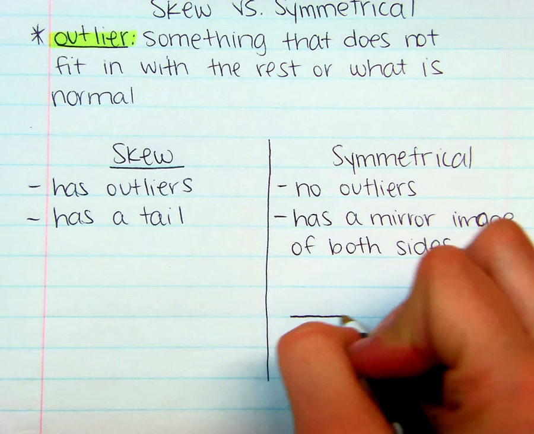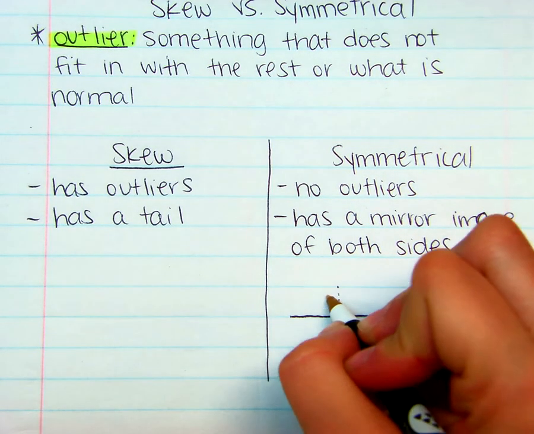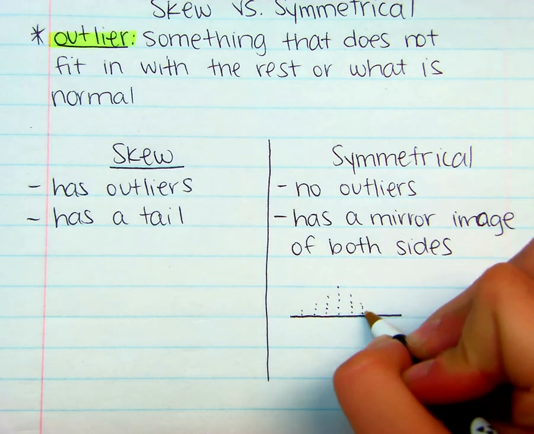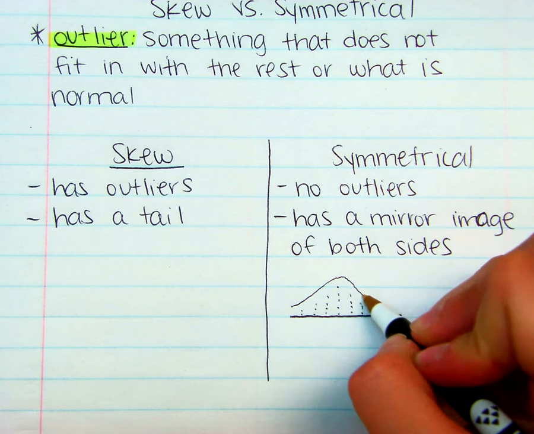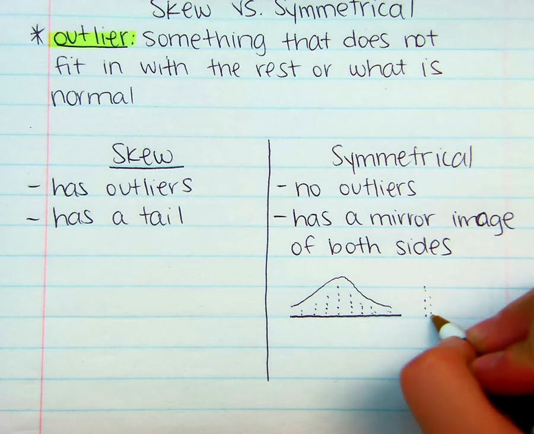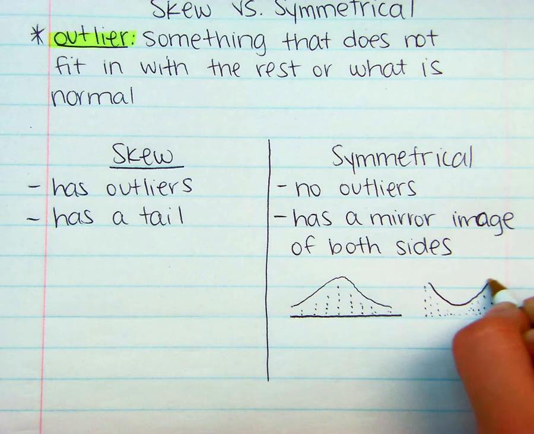So a dot plot for symmetrical would look something like this. It's got a nice, what's called a bell curve. Kind of goes up in the middle and down. It could also go the other way, as long as it does the same things on both sides.